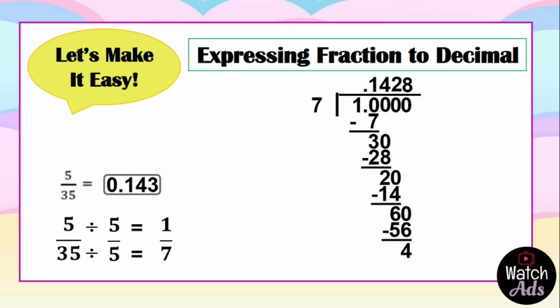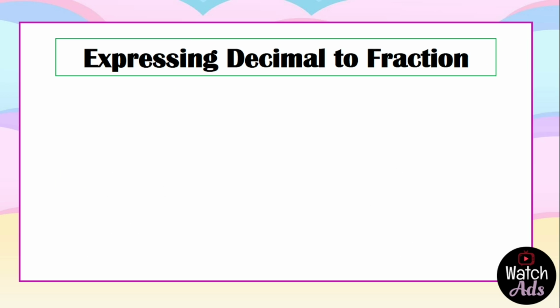I just recommend you to do it with 10 and 100. And if the denominator is not a factor of 10 and 100, you should proceed to the division process, just not to take up so much time with the guessing game. I hope you learned a lot, because now I'm going to proceed to the vice versa, that is expressing decimal to fraction.